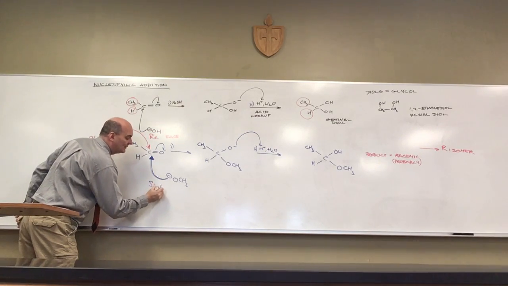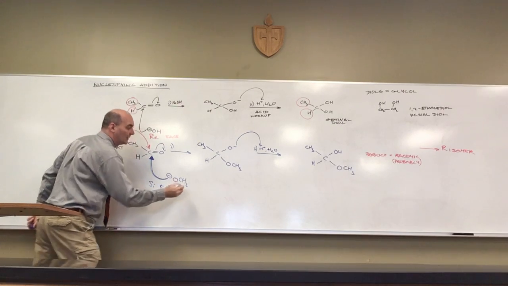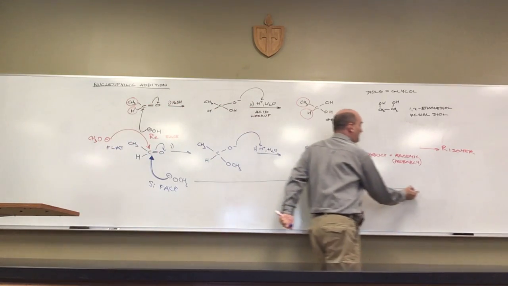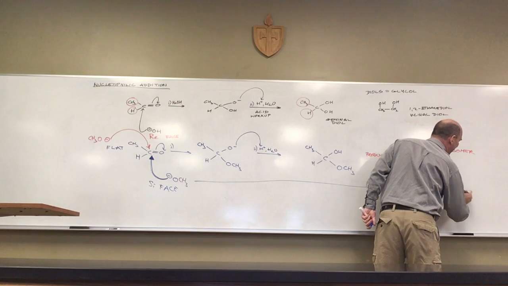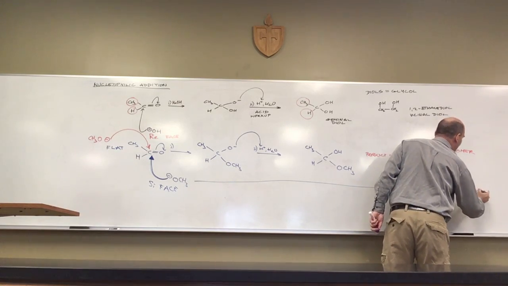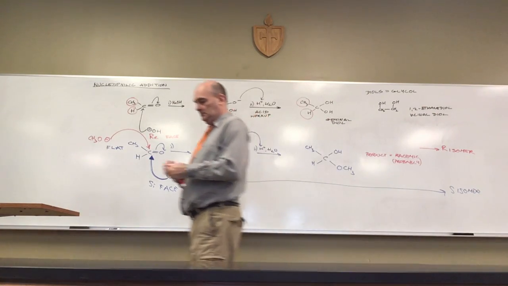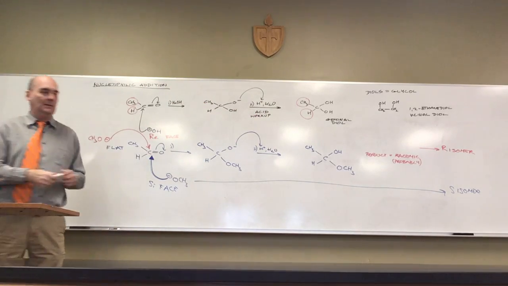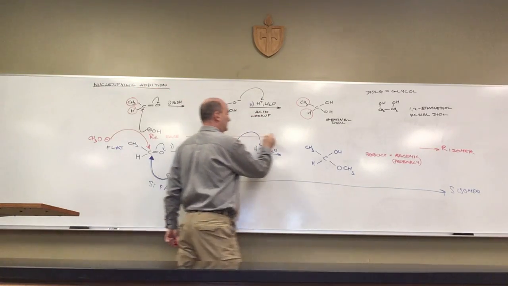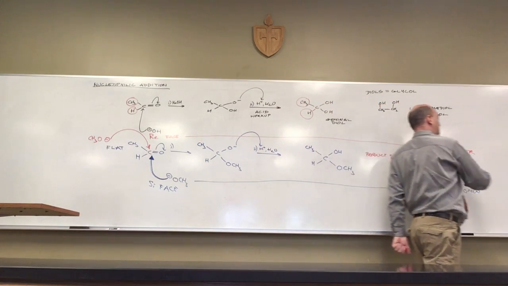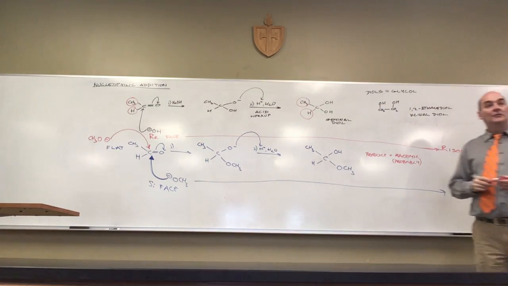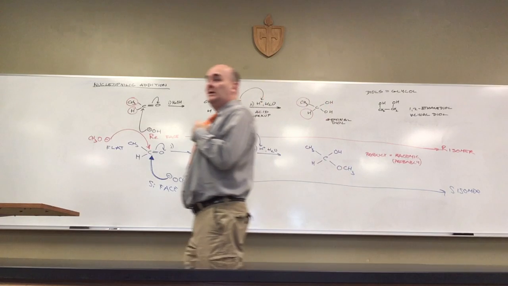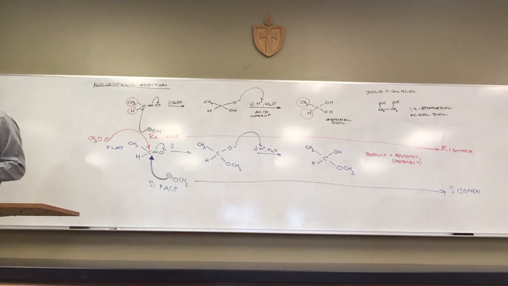The si face makes the S isomer. You have two options. You can attack at the re or at the si. You could make the R or you could make the S. Chances are you're doing them both equally, and it doesn't matter.